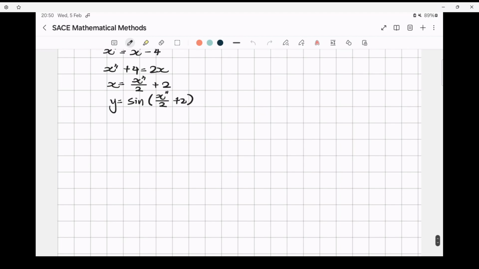So perhaps I will just write down this one reminder over here. Basically, you need to be mindful that if it is consecutive y coordinate transformation, what do I mean by that?